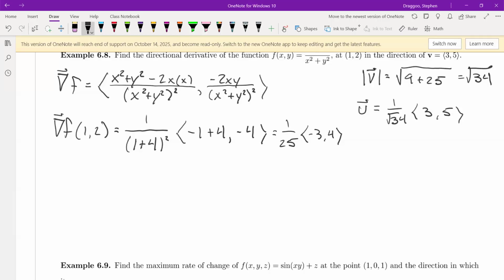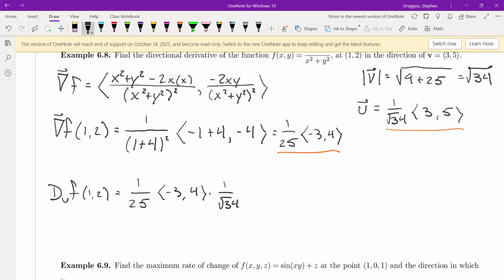And now I've got my constituent pieces. I have the gradient, which is right here. I have my unit direction vector, which is right there. So to get my directional derivative, I just want the dot product of those two things. So D_u f of 1, 2 is 1 over 25 times negative 3, 4, dotted with 1 over root 34 times 3, 5.